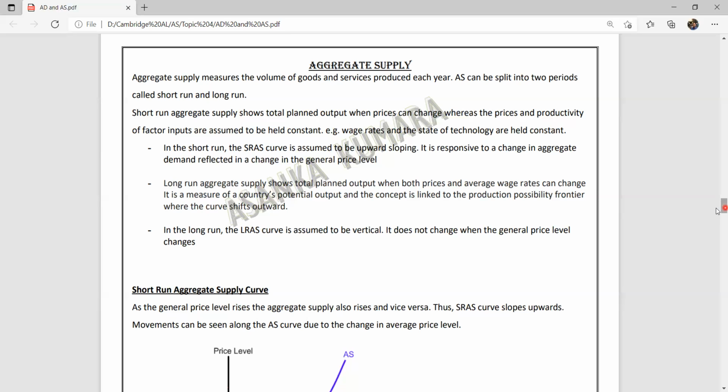Then long run aggregate supply shows planned output when both price and average wage rate can change. It is a measure of the country's potential output and a concept linked to the production possibility frontier, where the curve shifts outward. So the long run is a particular period.